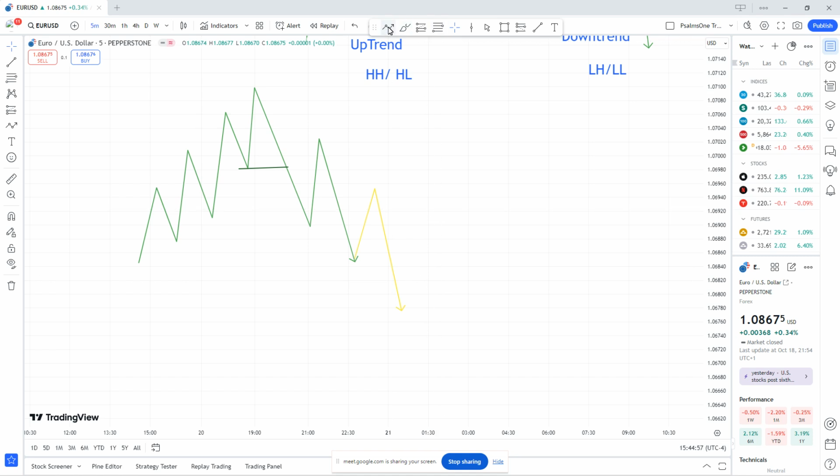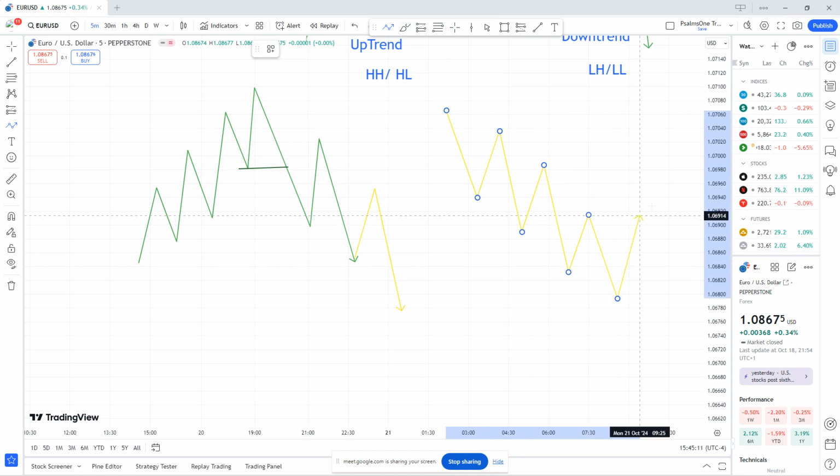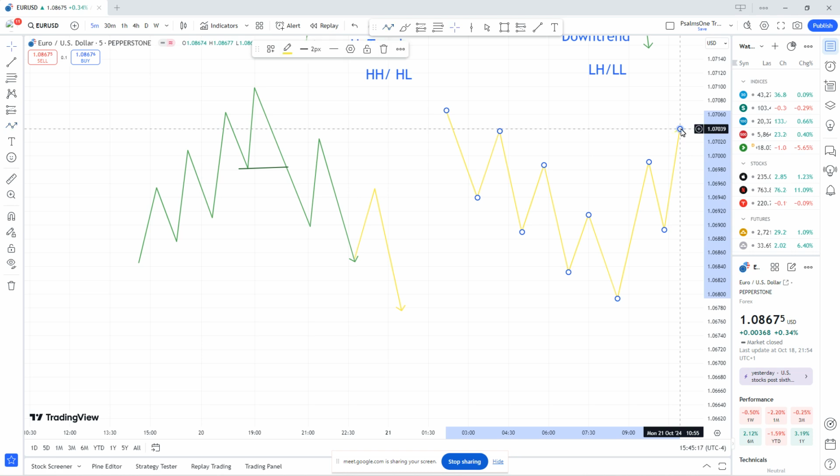So I will quickly go to the second one. If you are in a downtrend, the market is coming like this, forming lower lows, lower highs, lower lows, lower highs.